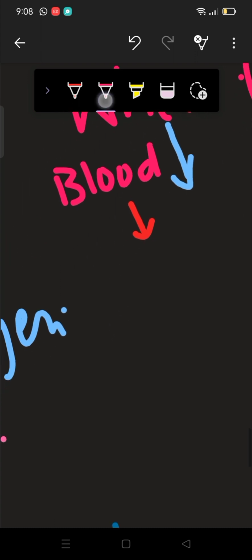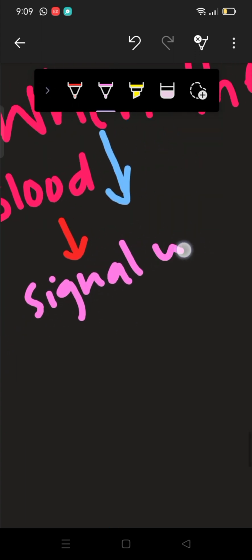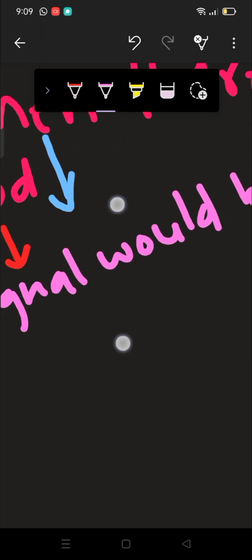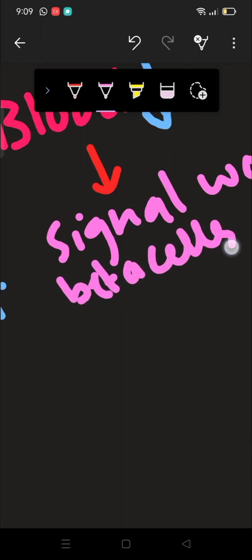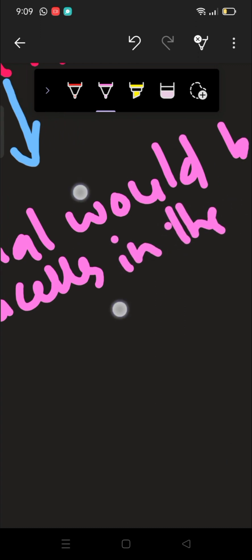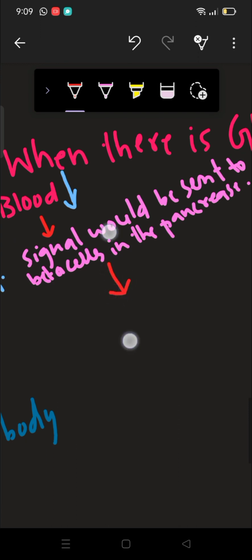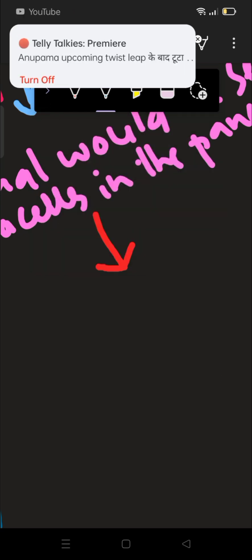Let me use another color. A signal would be sent to the beta cells of the pancreas, and then this pancreas will produce a substance known as insulin.